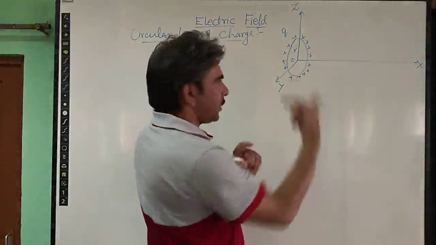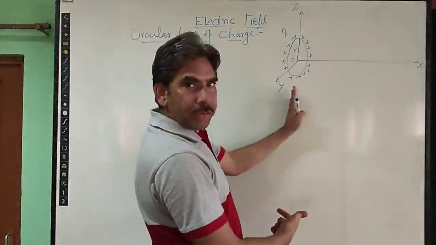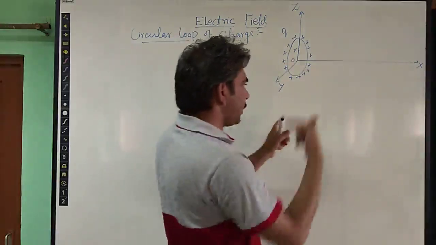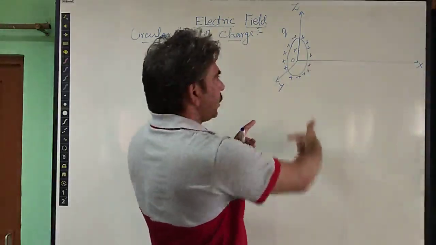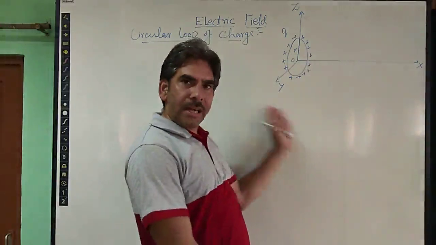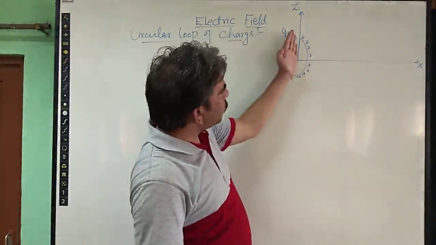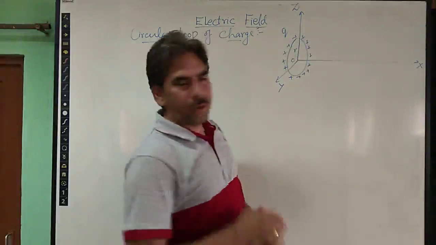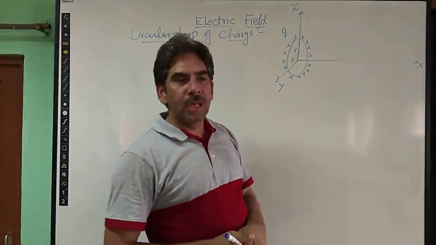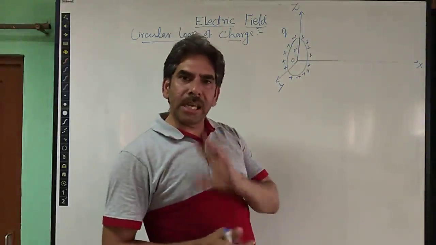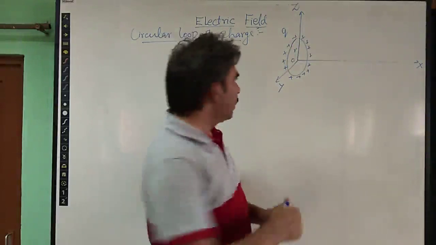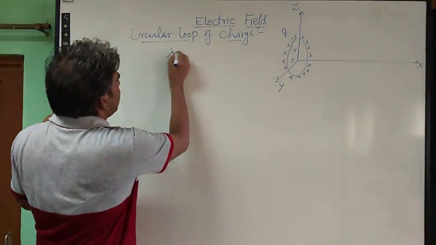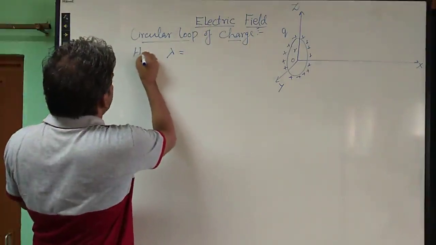The center of this loop is lying in the plane of the board, and also this axis is lying in the plane of the board, because the loop is perpendicular to the board. Half portion inside, half portion outside. You can imagine this portion to be out and this portion to be in. So for calculating the electric field, we again follow the method of linear charge distribution. So we can define the linear charge density lambda here.